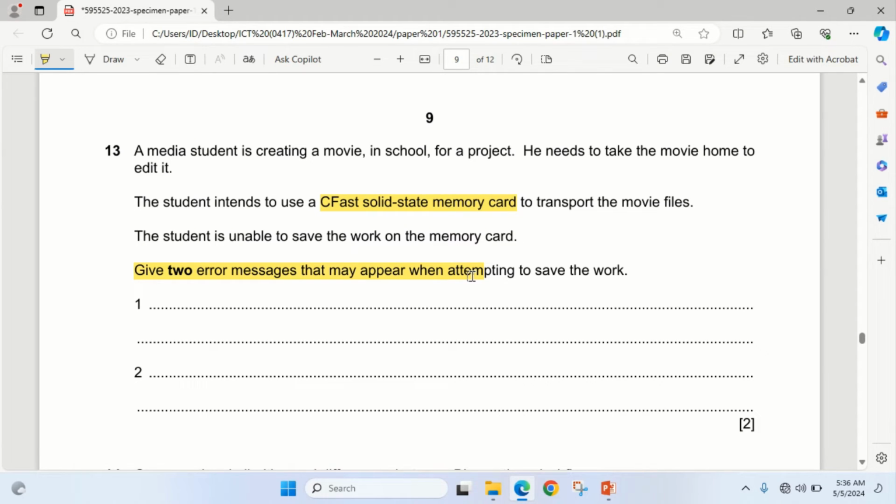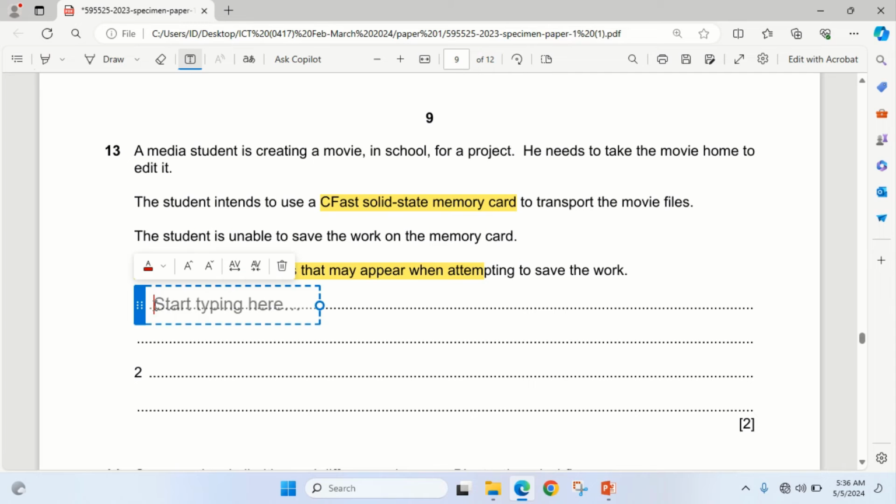So you could see error messages such as the medium is full, the memory card is corrupt, write error, card not initialized, virus found on the card, device not recognized. There are so many possible error messages that it can have. So just give any valid 2 points there. You can have something like the medium is full.